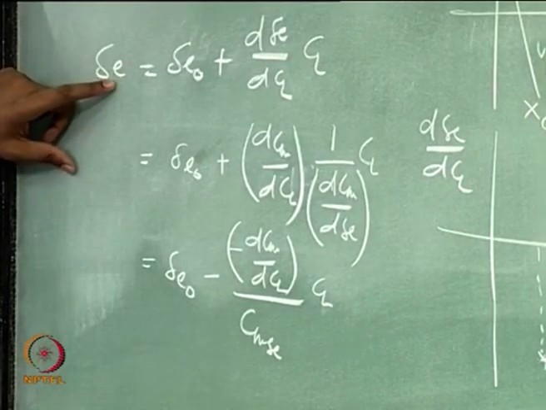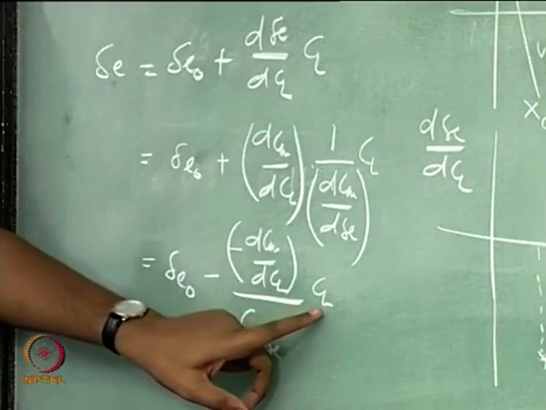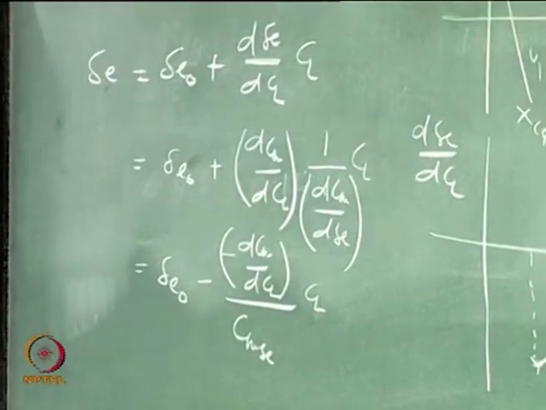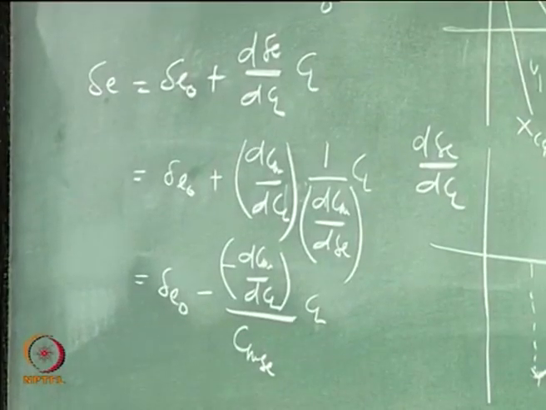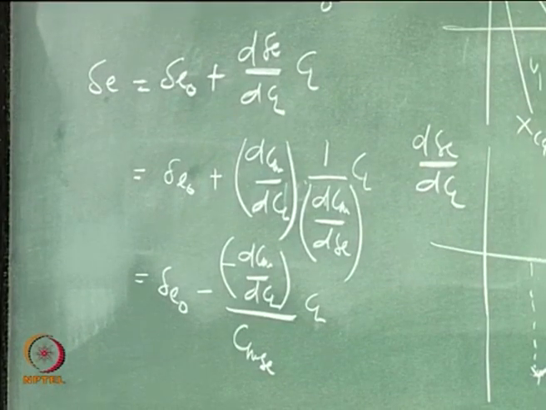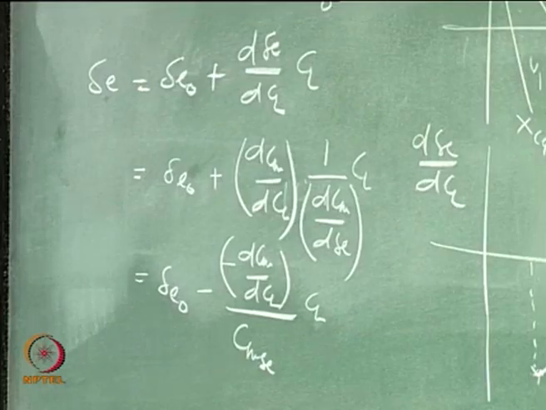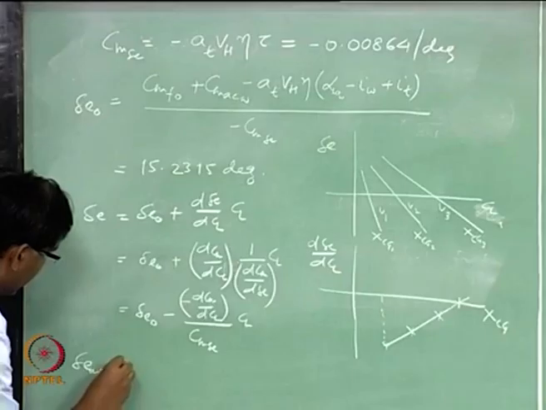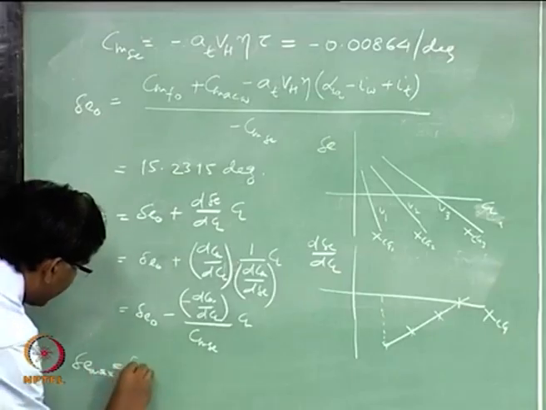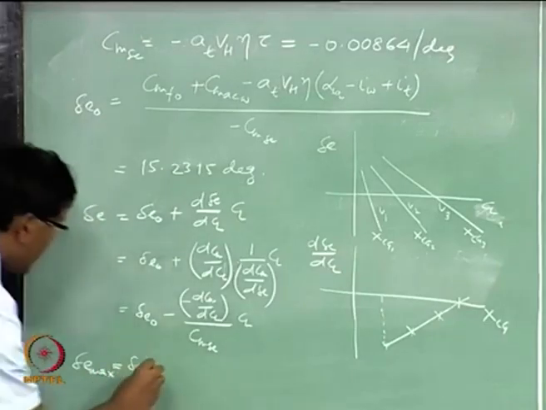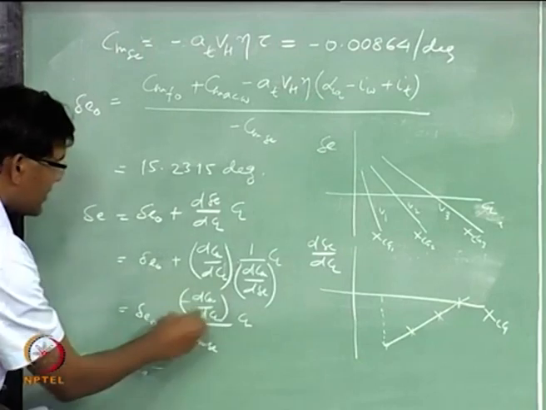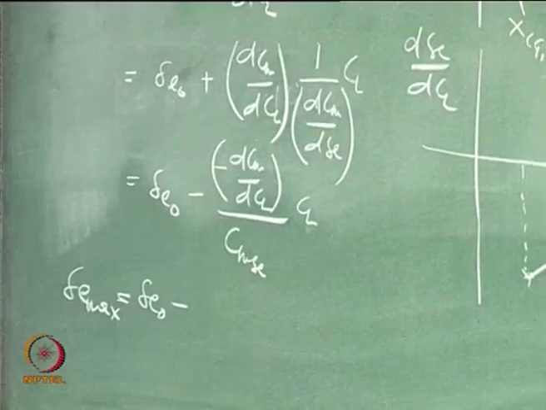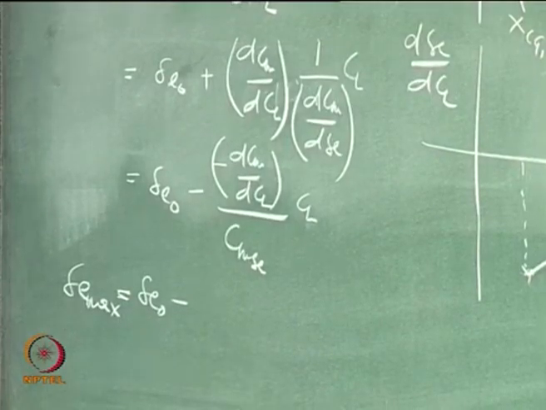Corresponding to this delta E max, there is going to be a CL max, isn't it, and that CL max is of the whole airplane. What is this quantity? X NP minus X CG.